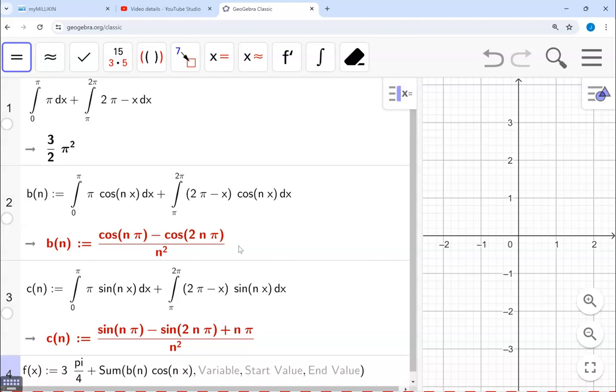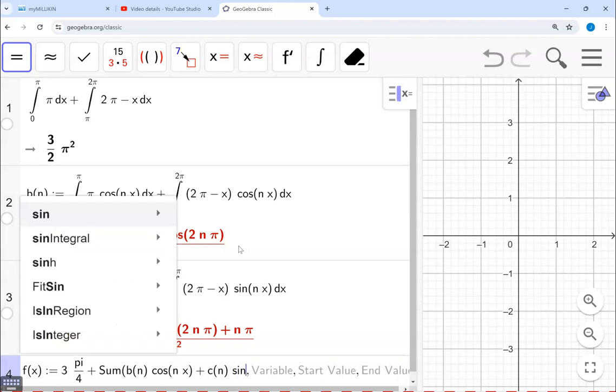I know we used a different letter here, but that was because GeoGebra's clunky. The b's came from doing these integrals with the cosines, so those are the coefficients on the cosines. So we'll do b of n times cosine of nx, and then plus c of n times sine of nx.